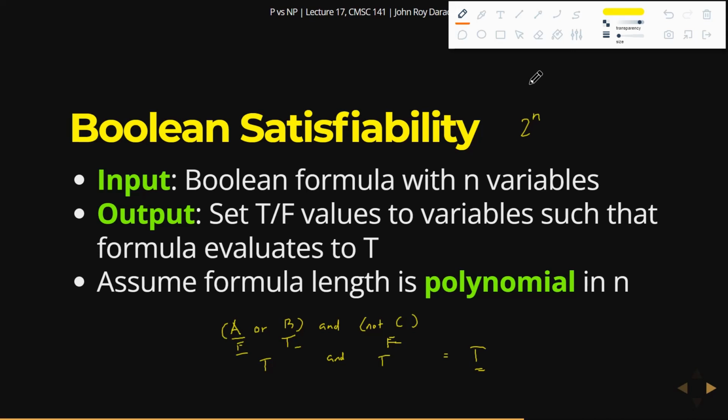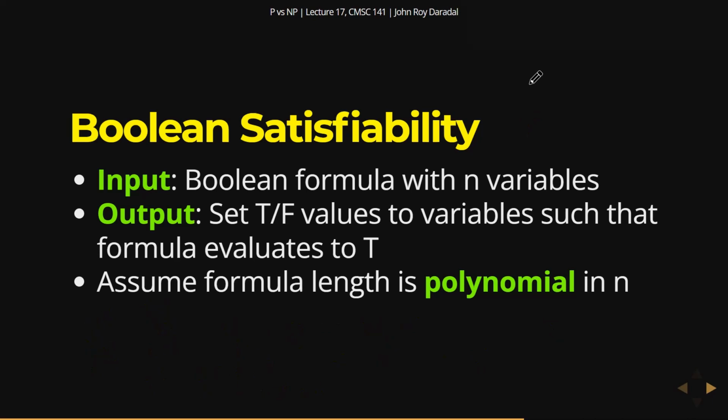So for these 3 variables, there are 8 possibilities: FFF, FFT, FTF, FTT, and then TFF, TFT, TTF, and then TTT. So the total number of possibilities is 8, and that is 2 raised to 3, because at each variable you have 2 choices, true or false. So you multiply that, that's 2 raised to 3, or 8.